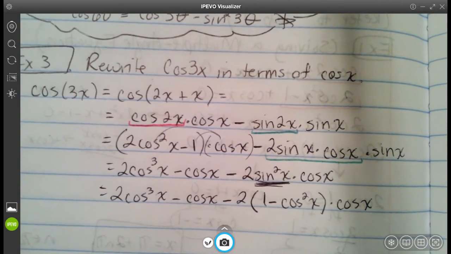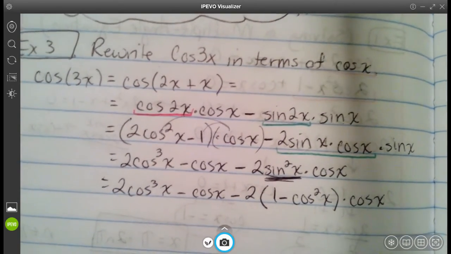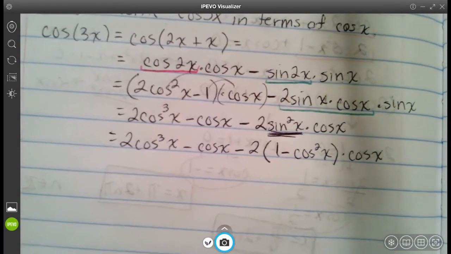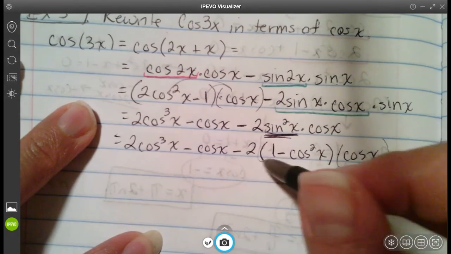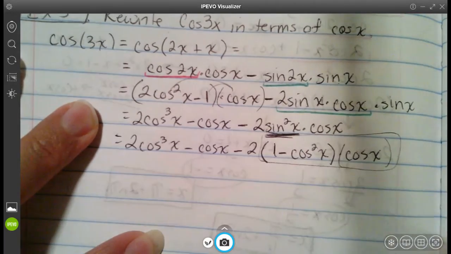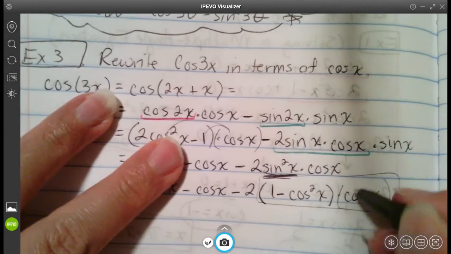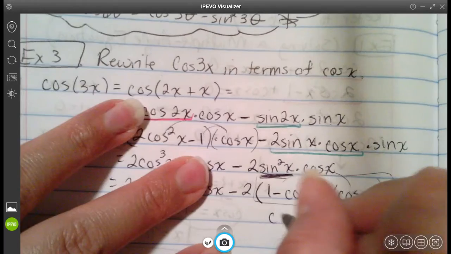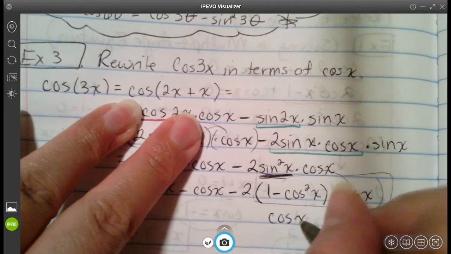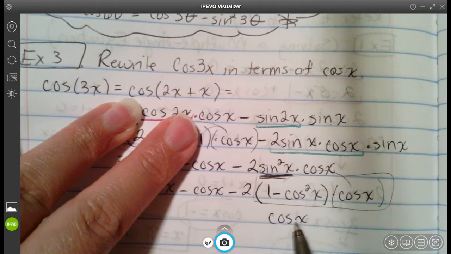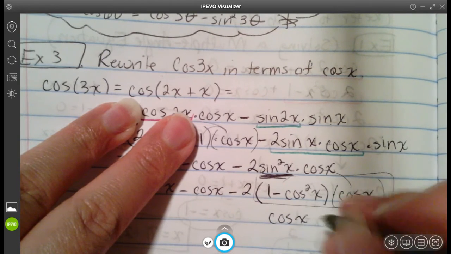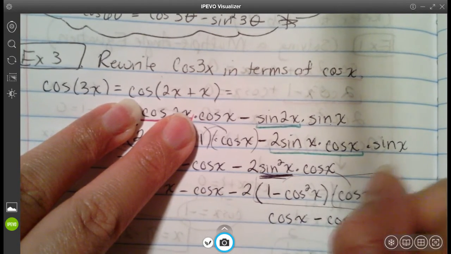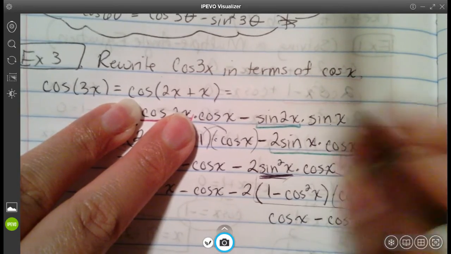And now we have a bunch of cosines, which is what we kind of wanted. So let's multiply everything out. Distributing, 1 times cosine of x is cosine of x. Cosine of x times negative cosine squared x is negative cosine to the third power.